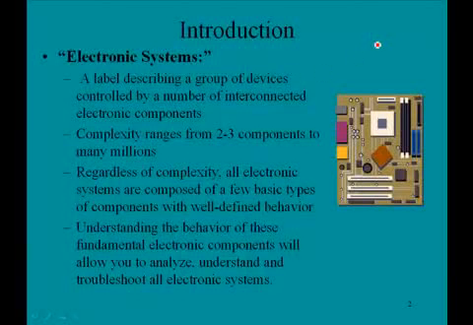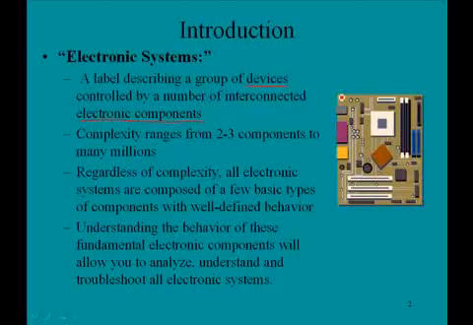It says, a label describing a group of devices controlled by a number of interconnected electronic components. And so here we have a concept of devices that are controlled by, notice, electronic components.